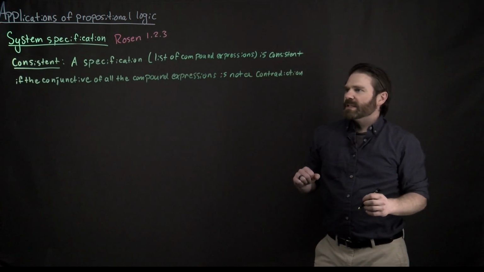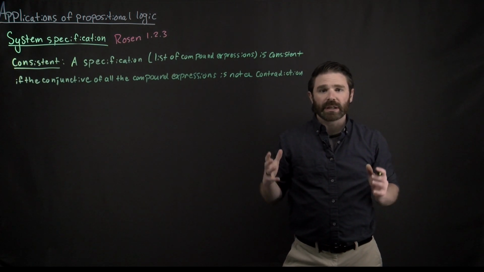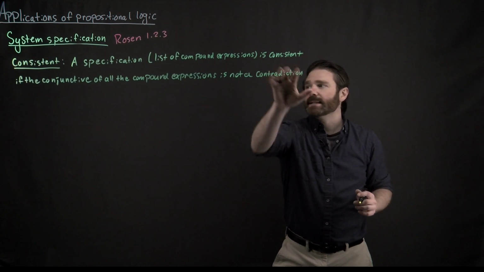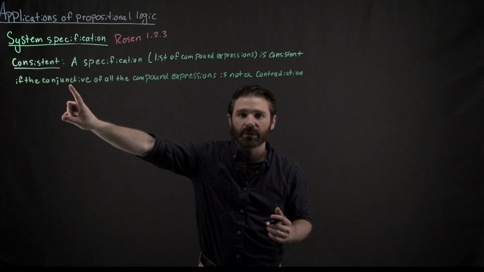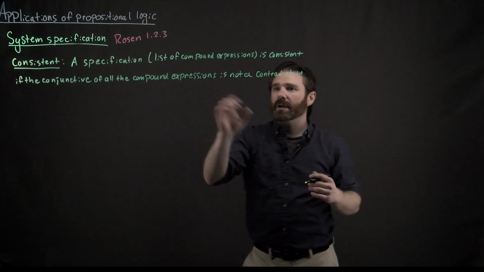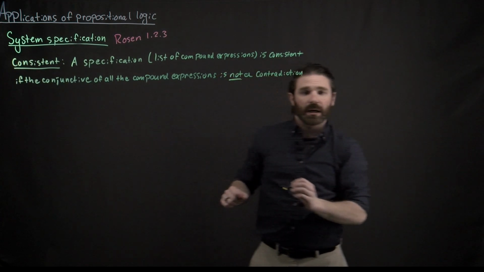So a specification is a list of compound expressions, usually given in English, and it's consistent if the conjunctive, and remember the conjunctive is just a fancy word for and, of all the compound propositions is not a contradiction.